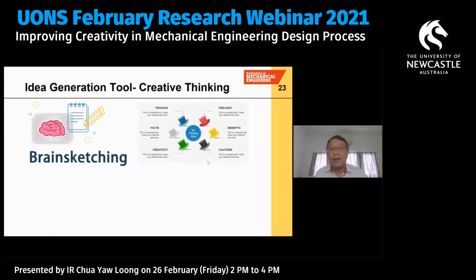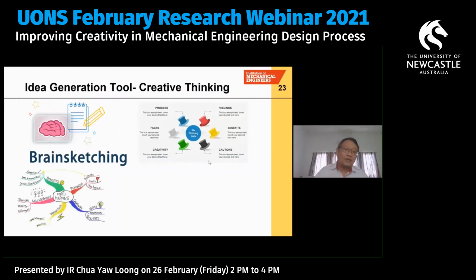This is developed by Edward de Bono, where you actually place yourself in different hats or different shoes to look at the problem from a different perspective. Okay, tools like mind mapping. This is another tool for you to generate ideas. Some people call this one concept map. There's another tool called the causal map.